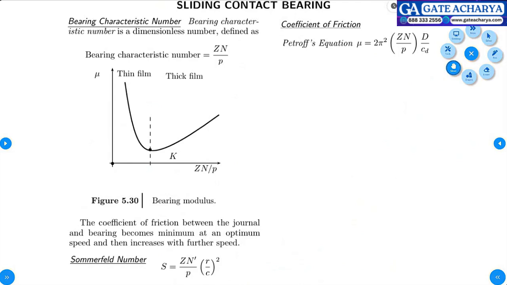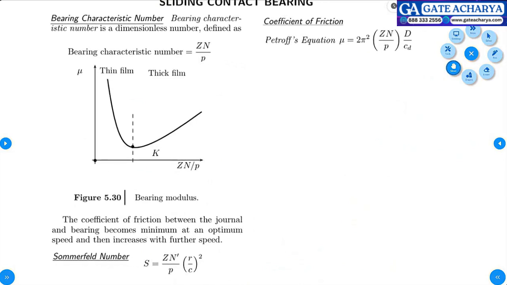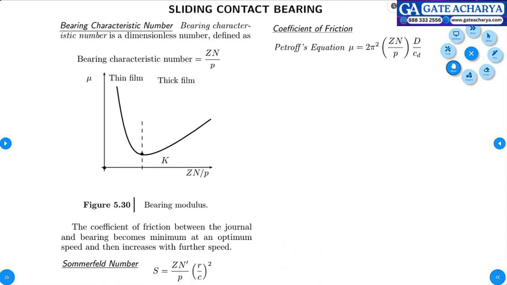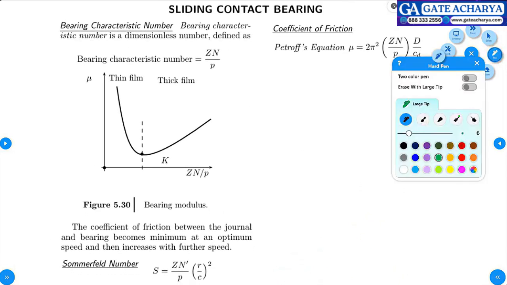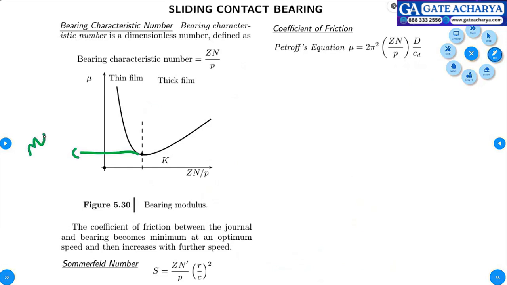So what will happen is that the coefficient of friction between journal and bearing becomes minimum at a particular point, at the optimum speed.